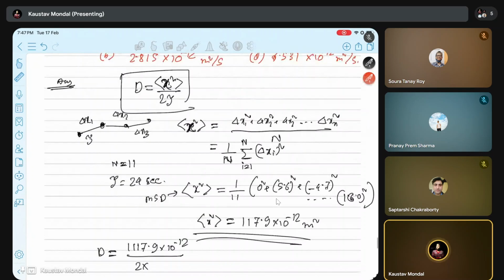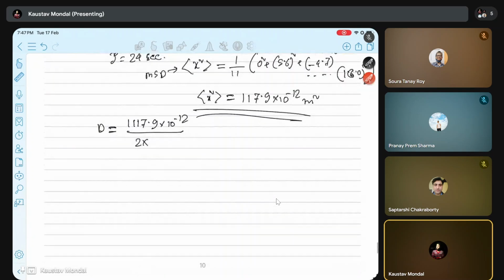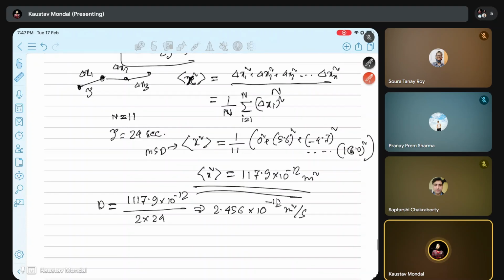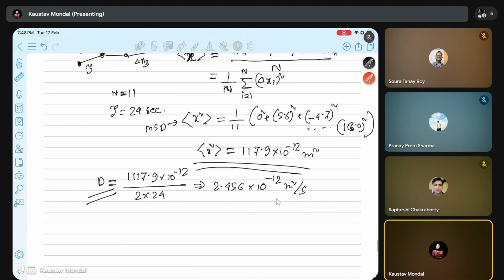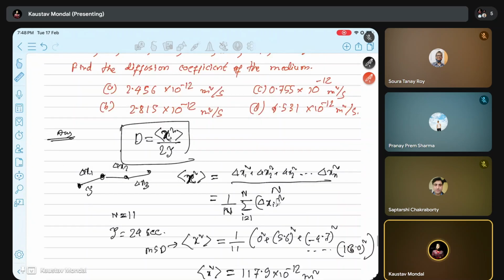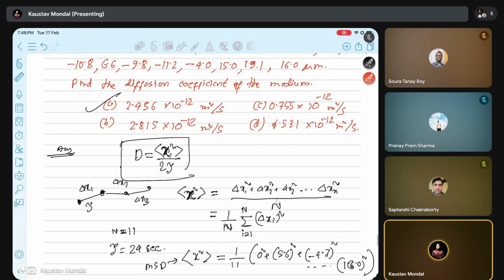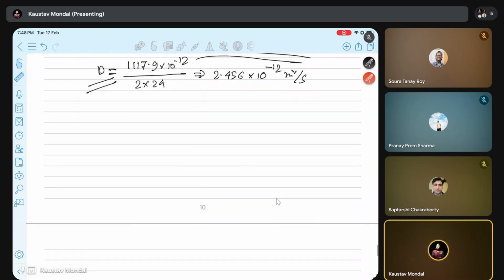Tau is 24, so 2 into 24. This gives you 2.456 into 10 to the power minus 12 meter square per second. So this is the diffusion constant D. The correct answer would be the first one.